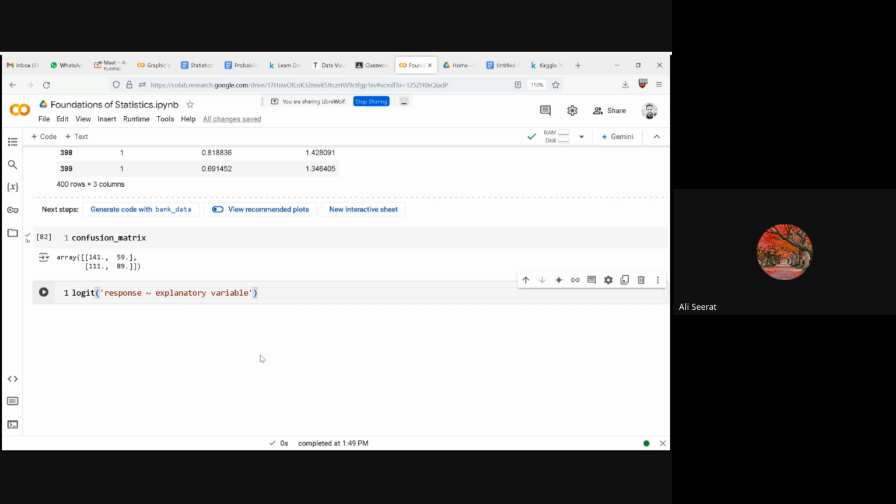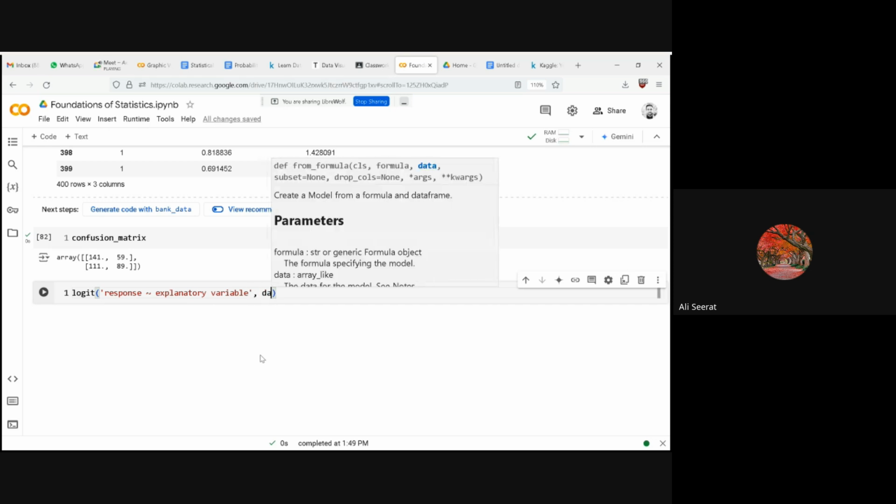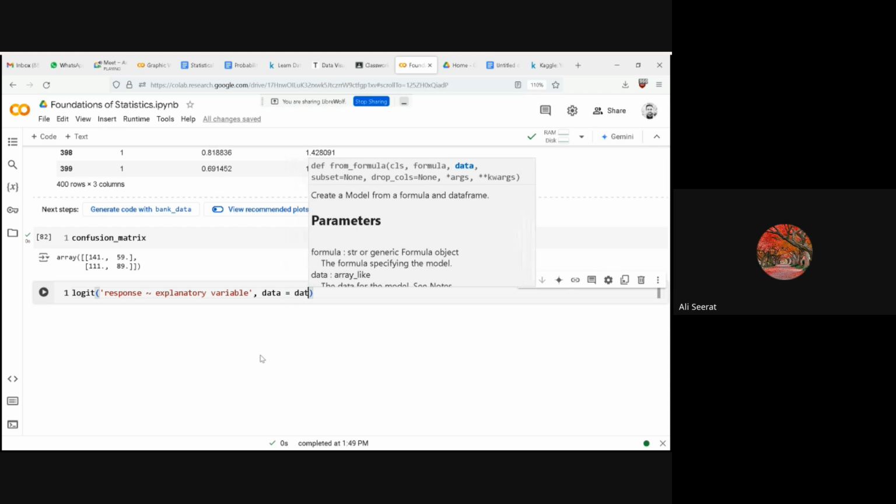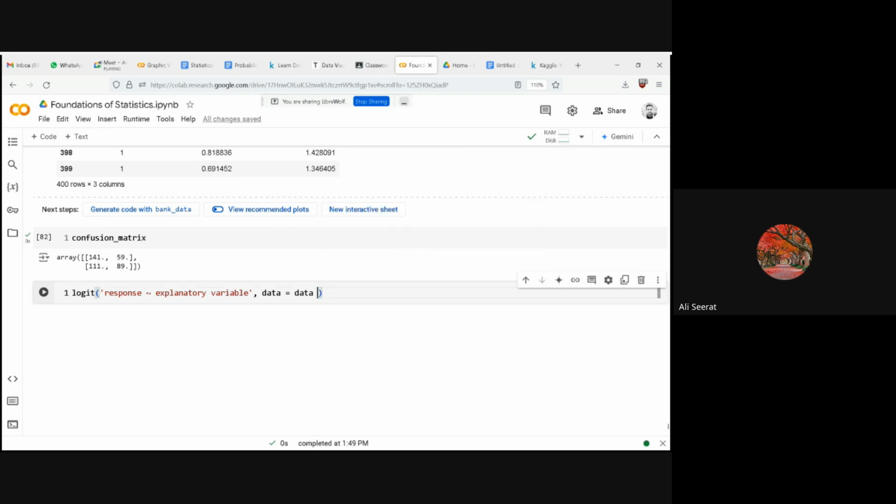This was how we used data. So this is the general understanding of how you will use it, and then the fit. This is one type of logistic regression that we use. This is simple logistic regression.